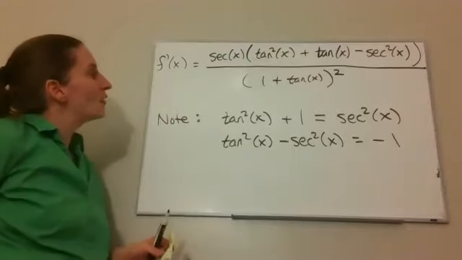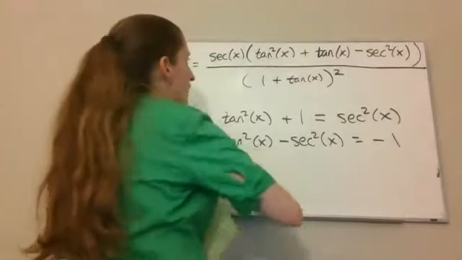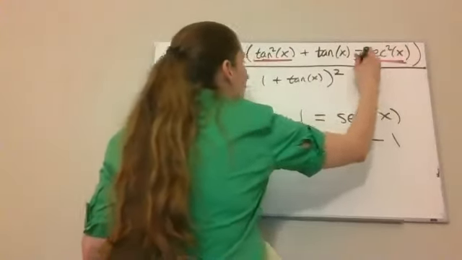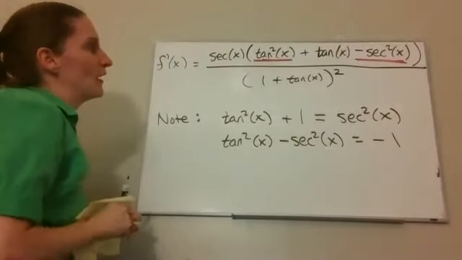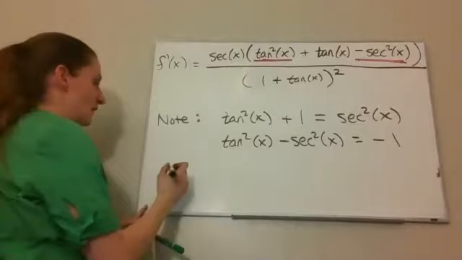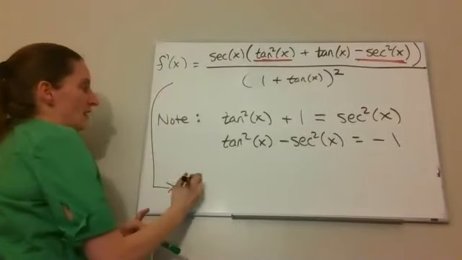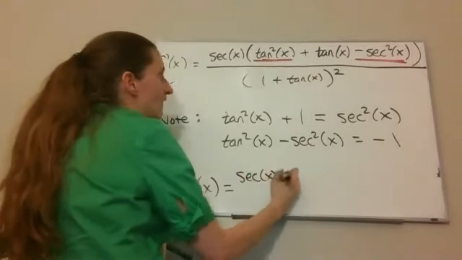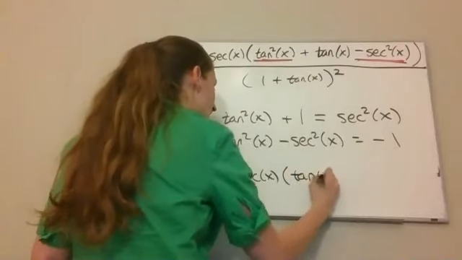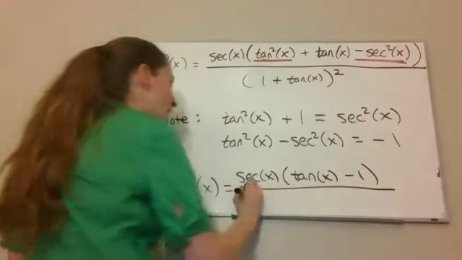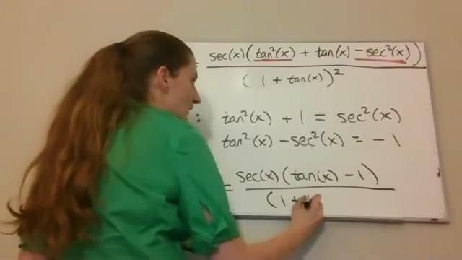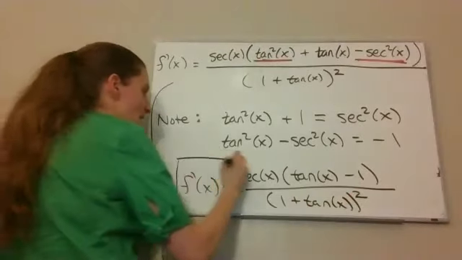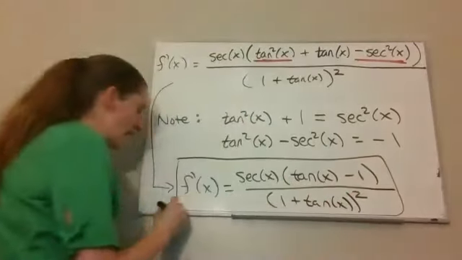In my problem that I have up top, I have a tangent squared right here and a minus secant squared right there. So I can replace those two things with a -1. That gives me that my derivative is equal to secant x times a tangent x minus 1 all over 1 plus tangent x squared. And that's about as simple as it's going to get.